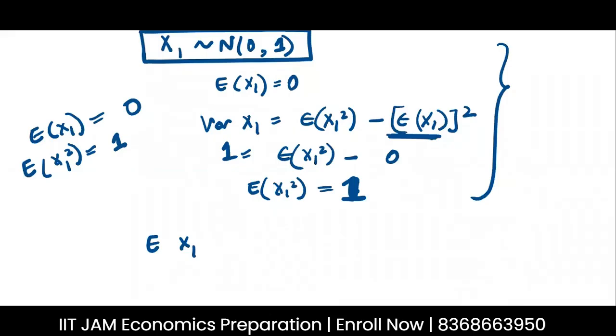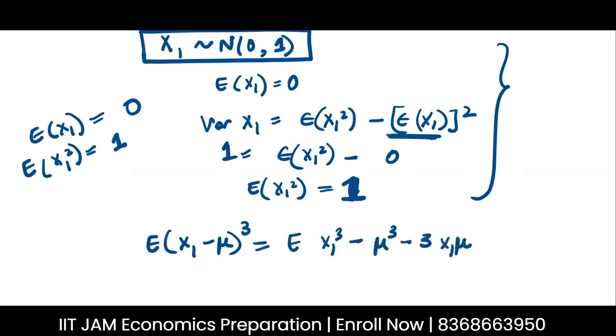So (a minus b) whole cube is a cube minus b cube minus 3ab (a minus b).